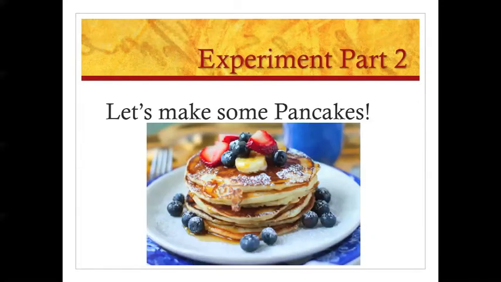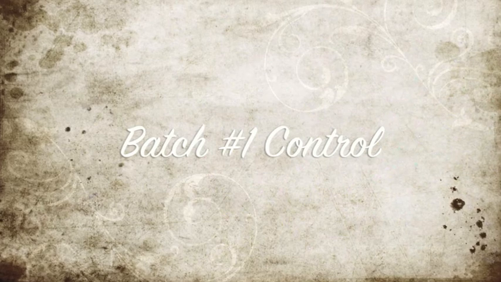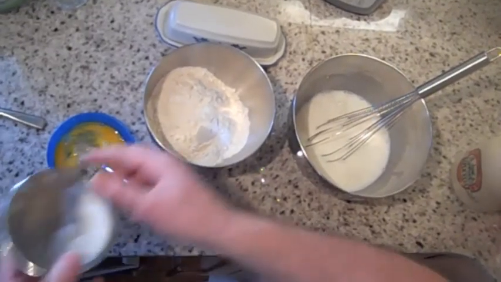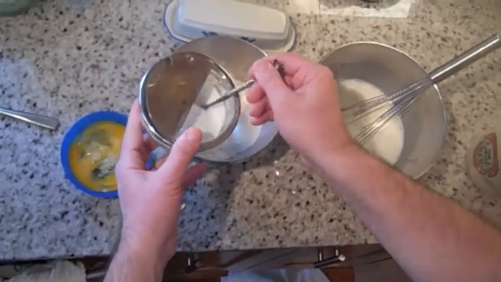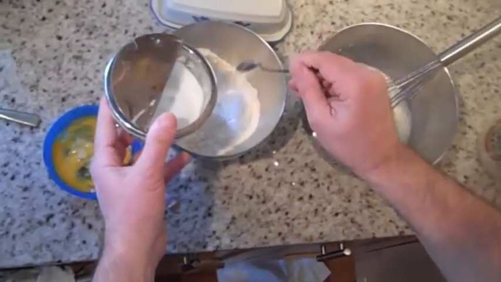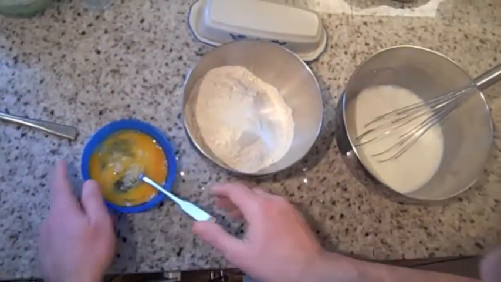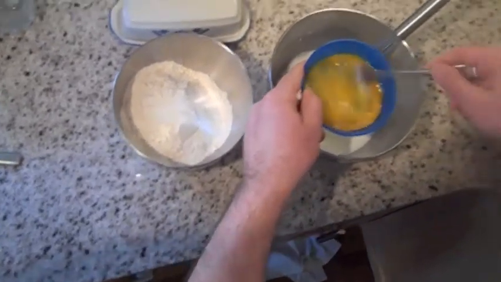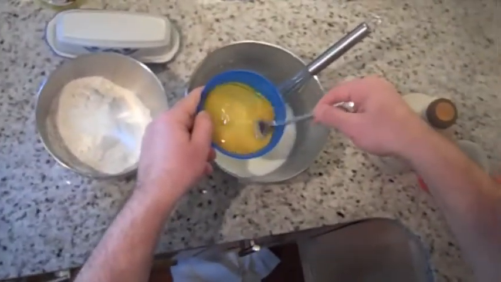Now, let's make some pancakes. So you can add your dry ingredients together. Get your wet ingredients together, beat up those eggs.